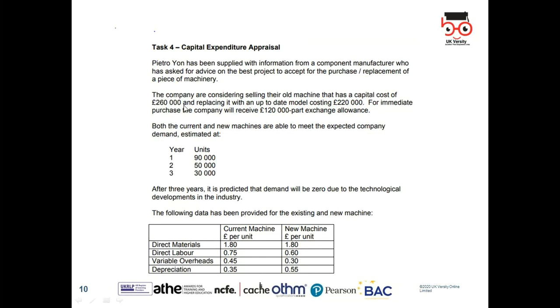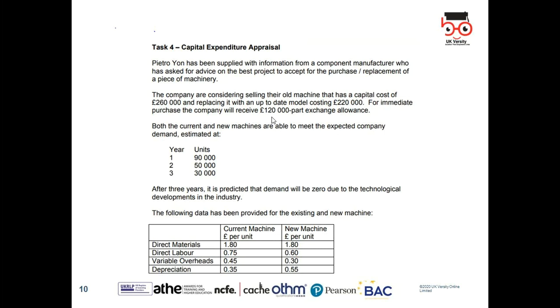The current machine's value at the start was given as 260,000, and we've been told that if you use the current machine for 3 years, there won't be any scrap value. But if we replace the current machine with the new machine, 120,000 can be used towards the new machine. The new machine will cost only 100,000 because 120 will be allowed from the sale of the old machine.